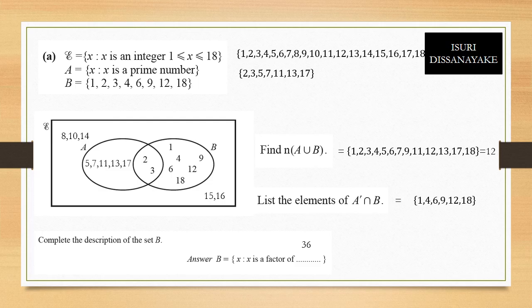So they are the common elements for A complement, that is not in A, and B. If you take not in A separately, B separately, and check the common elements for not in A and B, you get 1, 4, 6, 9, 12 and 18.